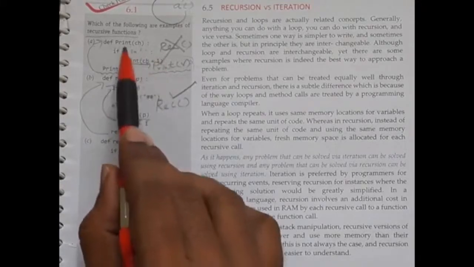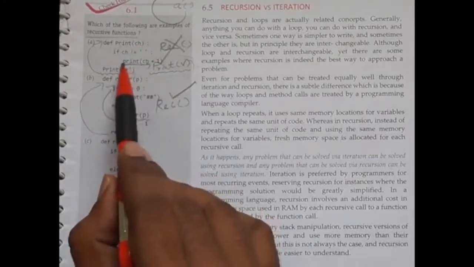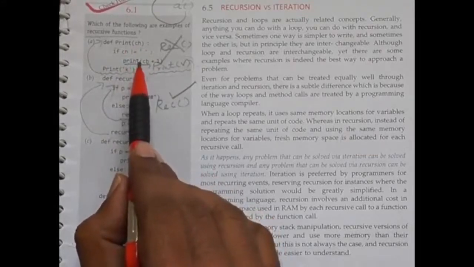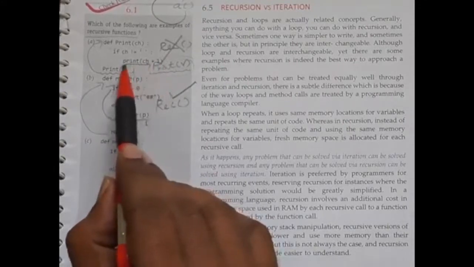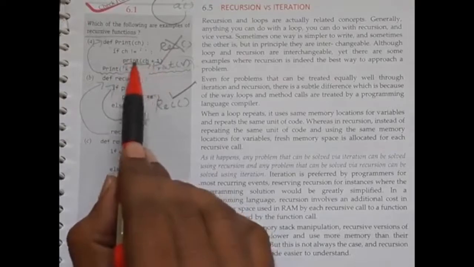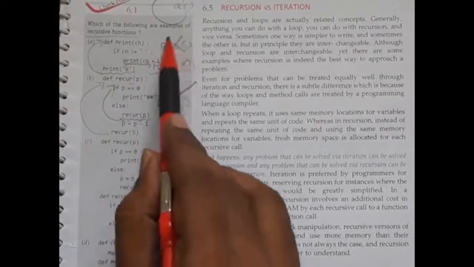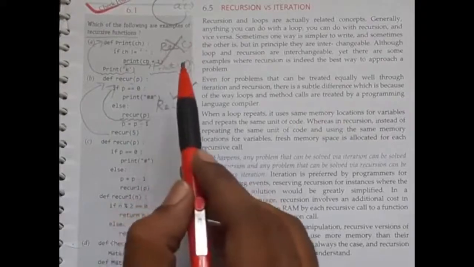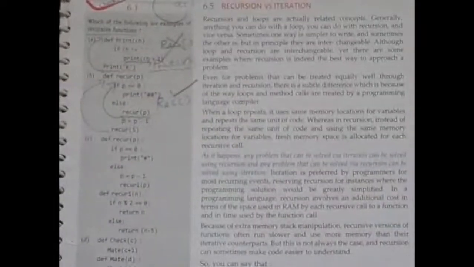But listen, here capital P print and here small p print, so this is a normal print statement. This is not a calling statement, so this is not a recursive function. Got it? I hope you understand.